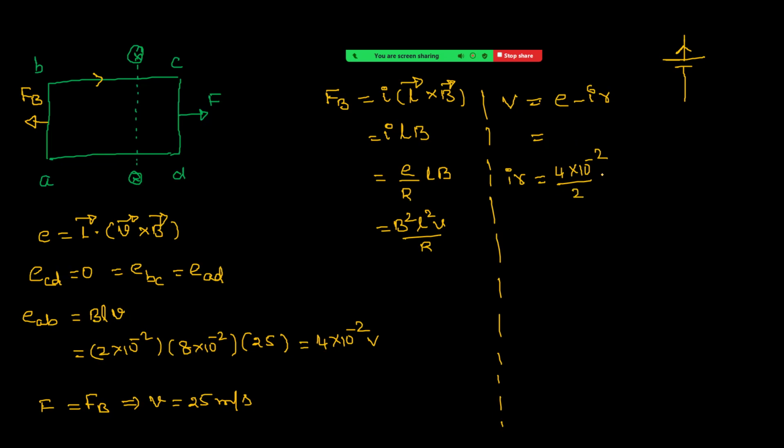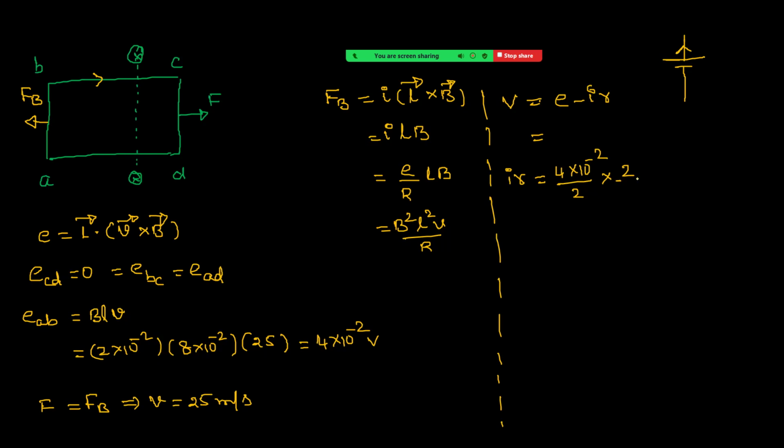Now you should be very careful here. We should take the resistance of AB. The total resistance is given as 2.